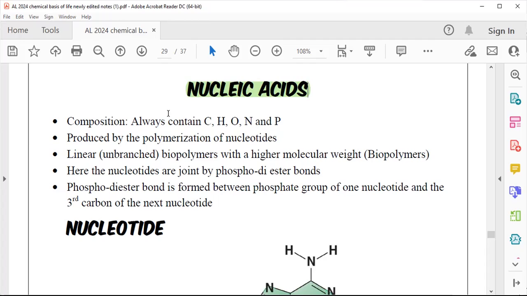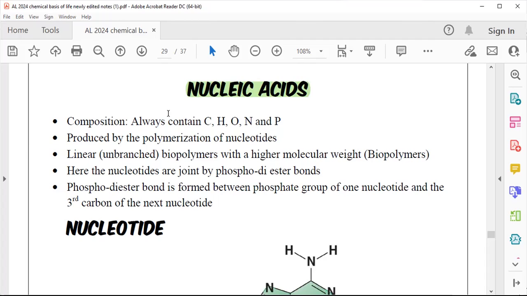What are the elements making nucleic acids? Carbon, hydrogen, oxygen, nitrogen, and phosphorus.